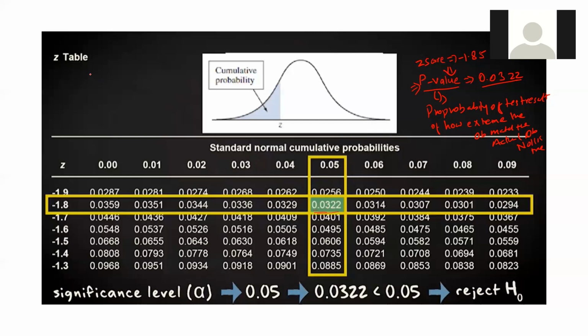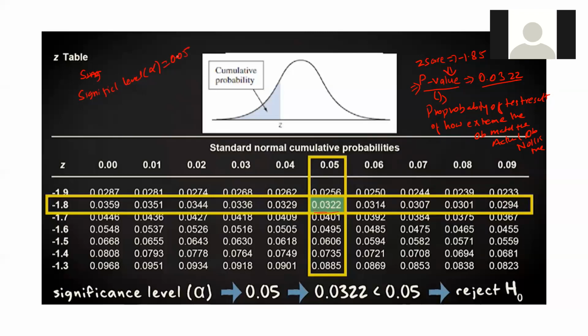Like I said, your significance level will have some threshold value, so that we can reject or accept our assumption. The significance level, which we call alpha, has a cutoff of 0.05.